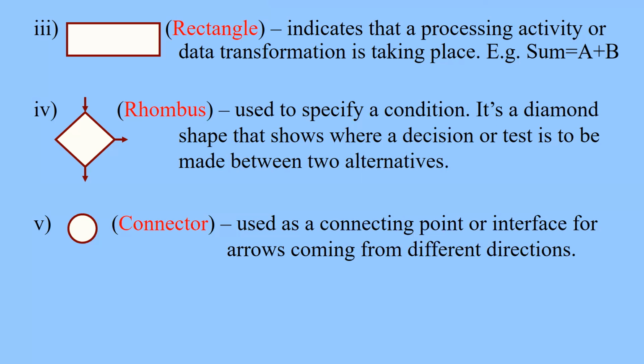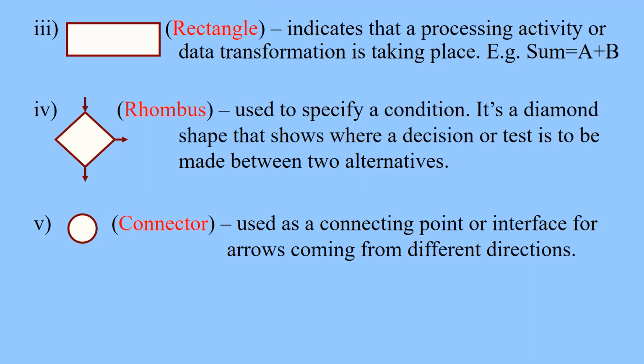Regardless of the route or condition that will be met, there will be other actions to be taken next that are common. And therefore, you need to use a connector to connect the different paths together so that you can have a common next step.